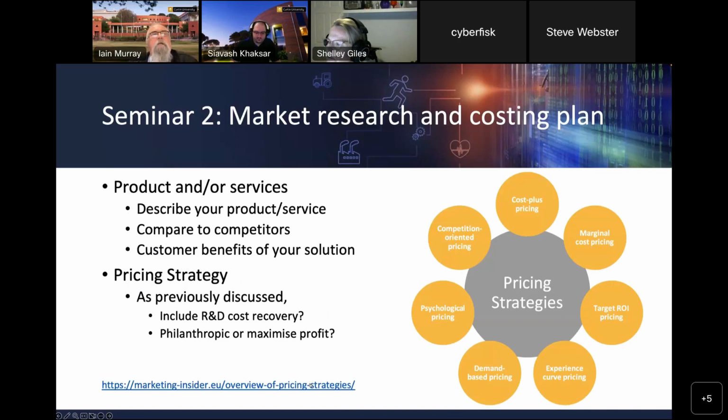It does describe different ways of creating your pricing strategy, and it does include things like cost plus pricing, which is what you would use in philanthropic type endeavors to cover your costs, to ensure you've got the money to continue, that you can support the devices that you're creating.